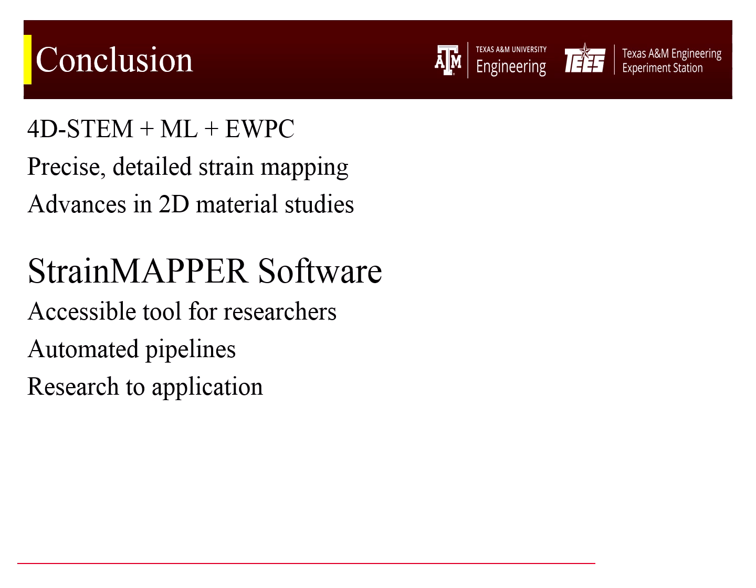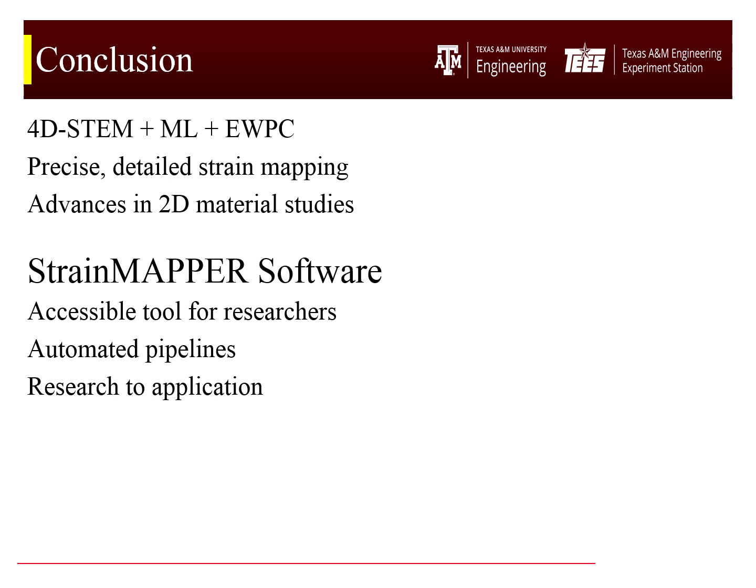In conclusion, this work shows that combining 4D-STEM imaging, machine learning, and the EWPC method allows for precise, detailed, and scalable strain mapping in complex nanostructures. This enables new understanding and control of material properties, paving the way for better electronic, photonic, and quantum devices based on 2D materials.